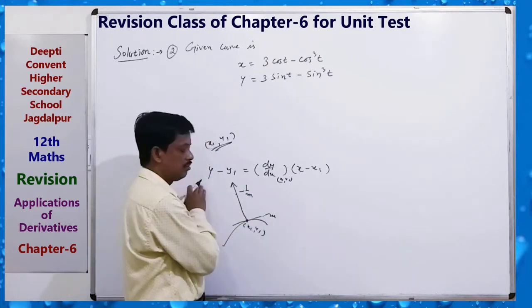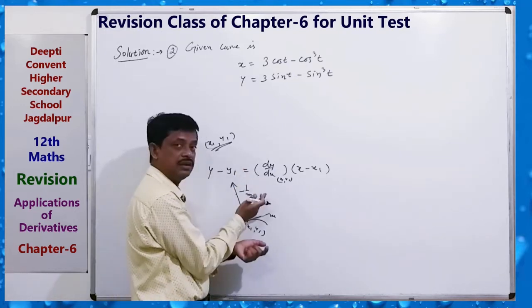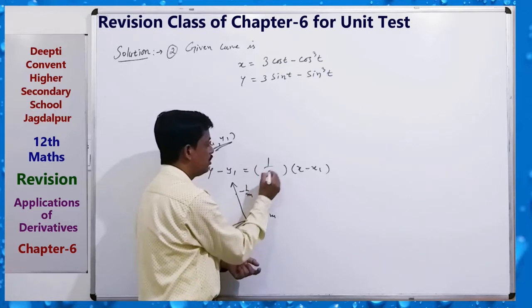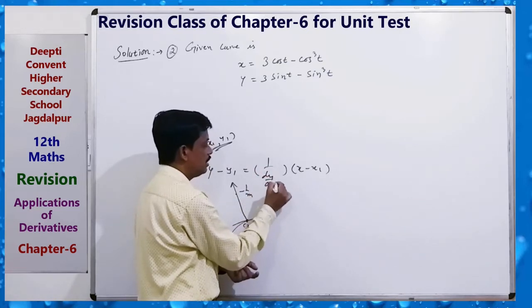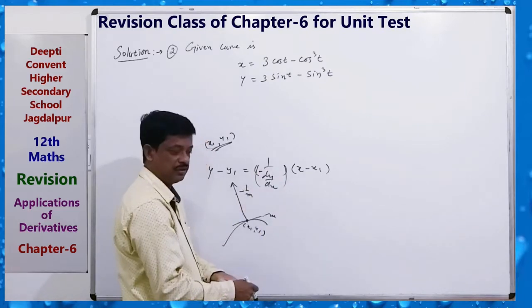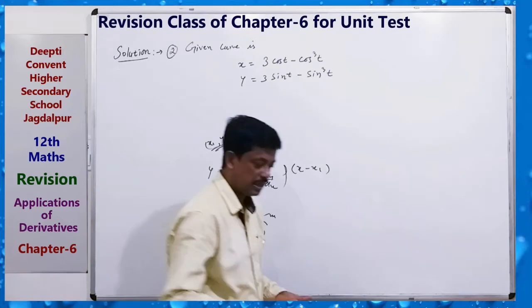So we have to put here 1 upon dy upon dx at the point, with minus sign. By this way we can find the equation of tangent and normal.